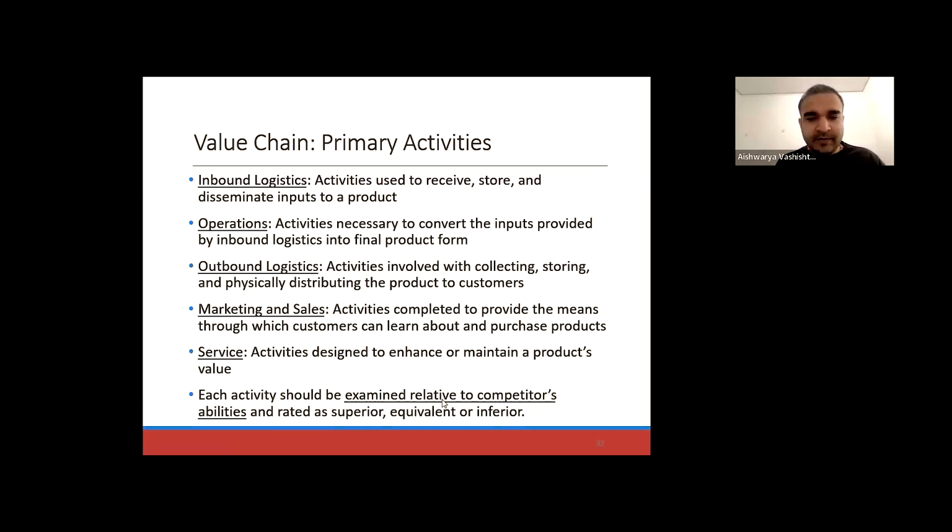Each activity should be examined relative to competitors' abilities and rated as superior, equivalent, or inferior. What is a term used for this whole sentence? A single term. Did we read something like this in the last 2, 3 days? Each activity should be examined relative to competitors' abilities and rated as superior, equivalent, or inferior.